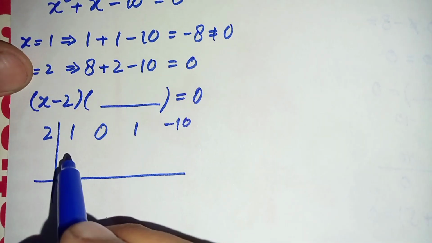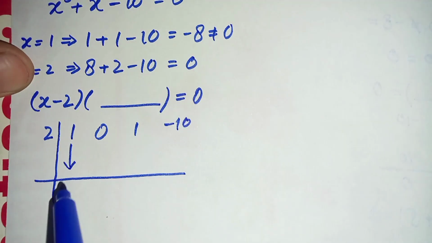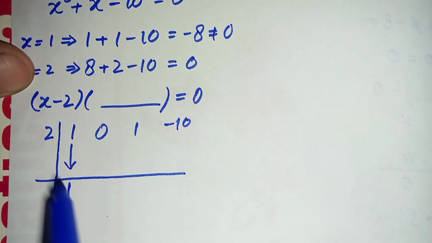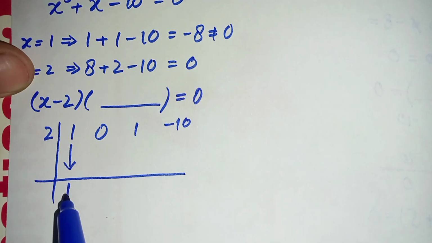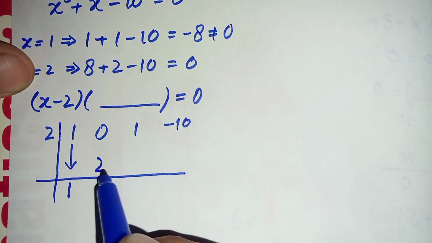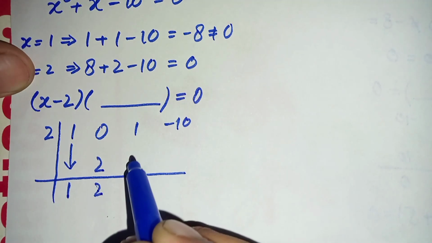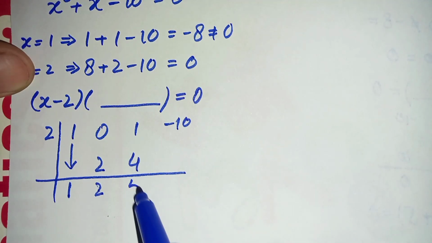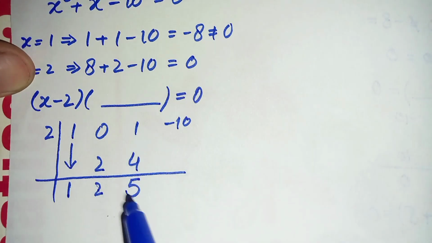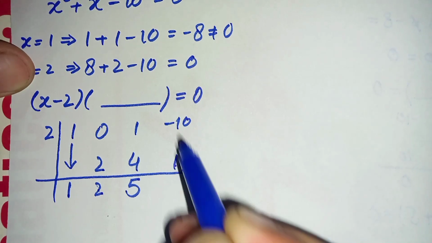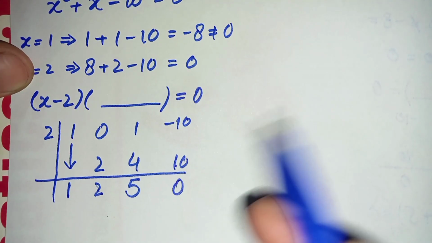Now the method is like this. You will move this 1 to this position. Now we will multiply 2 with 1. 2 times 1 is 2. 0 plus 2 is 2. 2 times 2 is 4. 1 plus 4 is 5. Now 2 times 5 is 10. Now minus 10 plus 10 is 0.